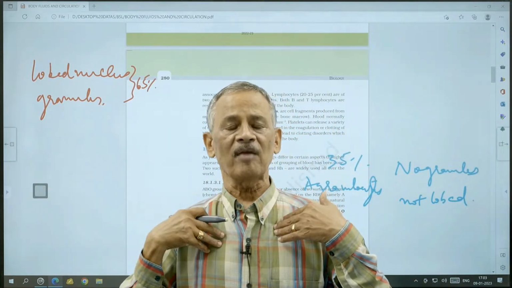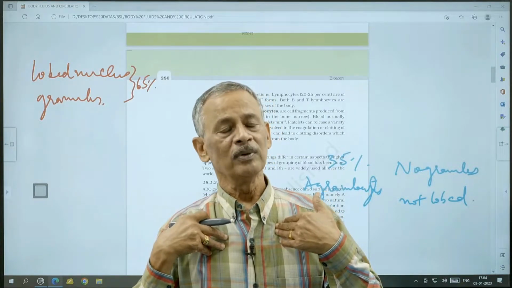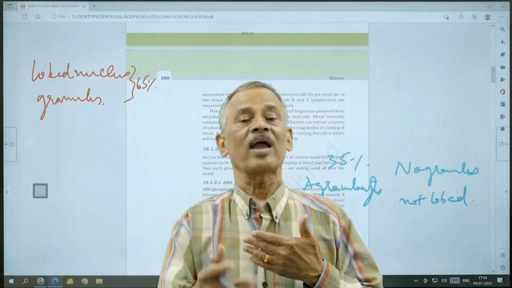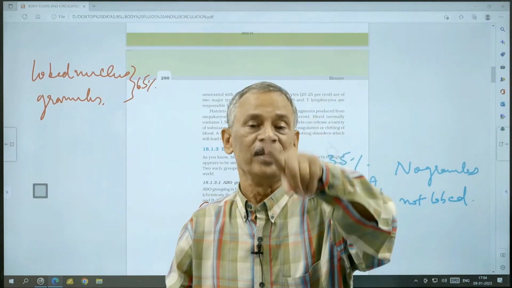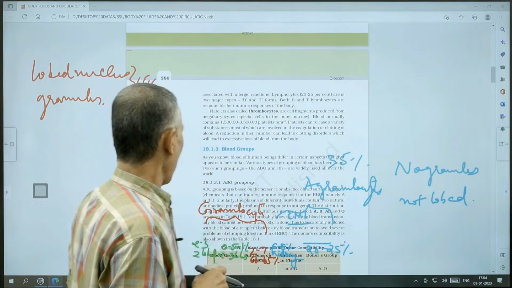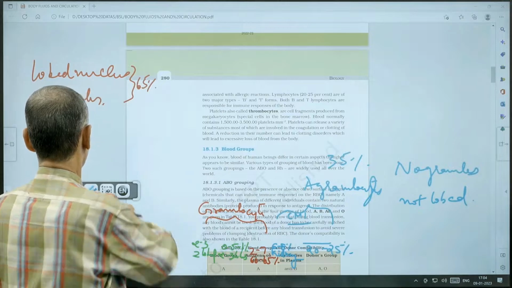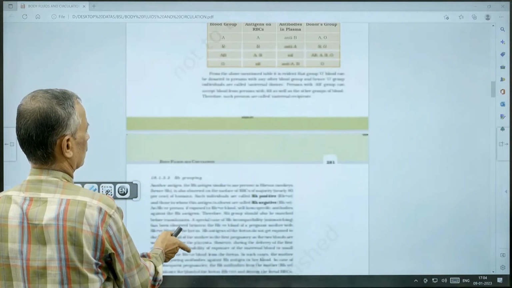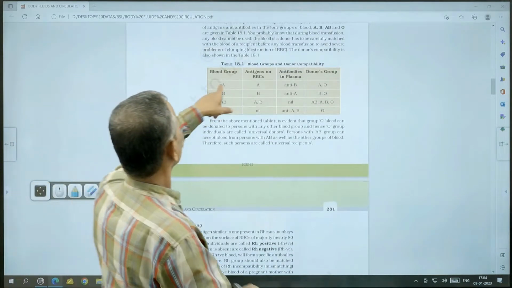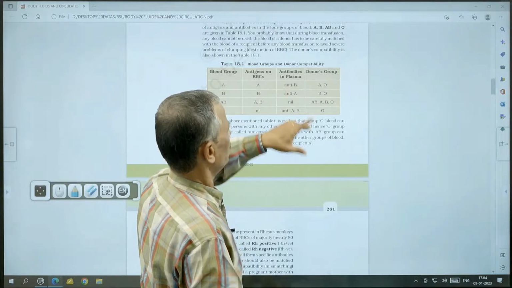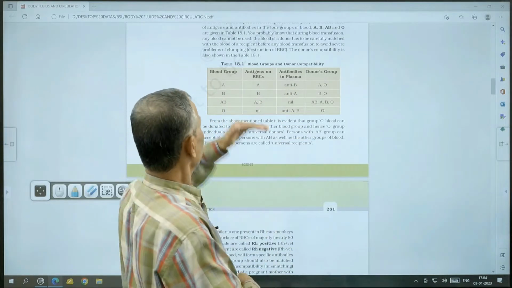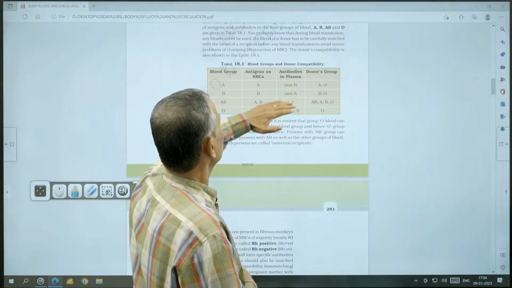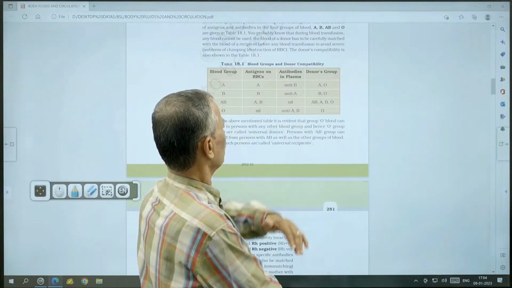Meaning, suppose I am having A antigen, I belong to A group. My RBC is having A antigen, and in plasma, I am having opposite type, that is anti-B. You got it? A antigen, anti-B. Okay. If I am having B antigen, I belong to the group B, and I will be having anti-A, opposite type.